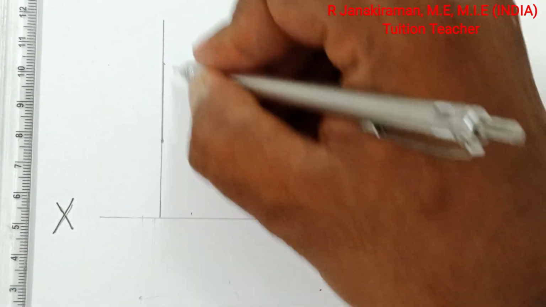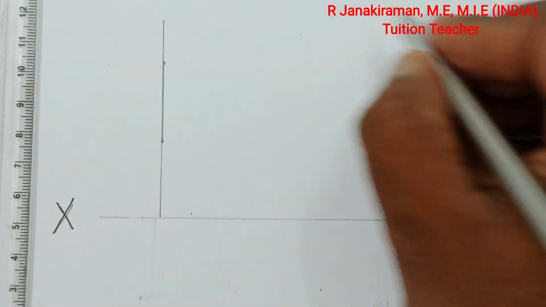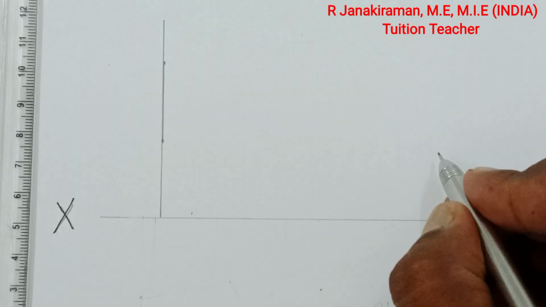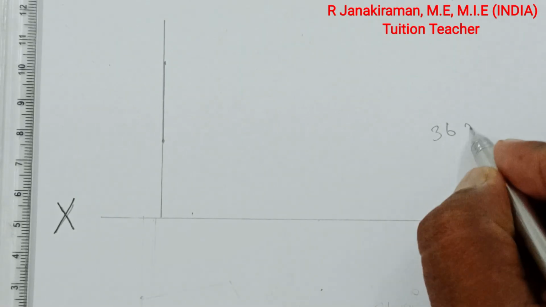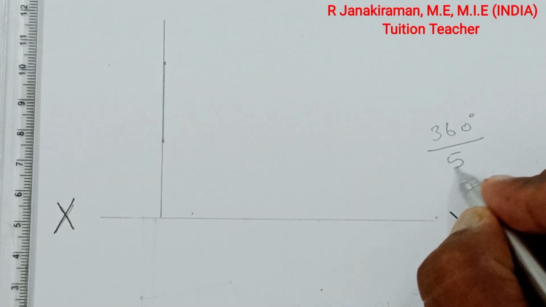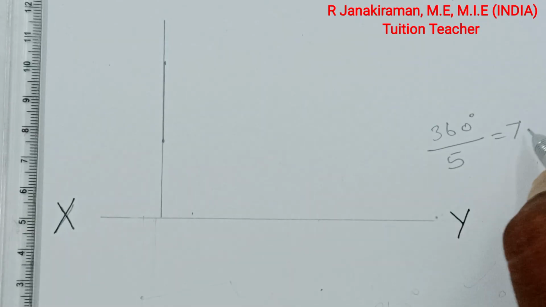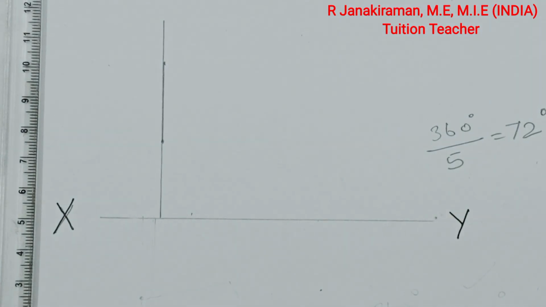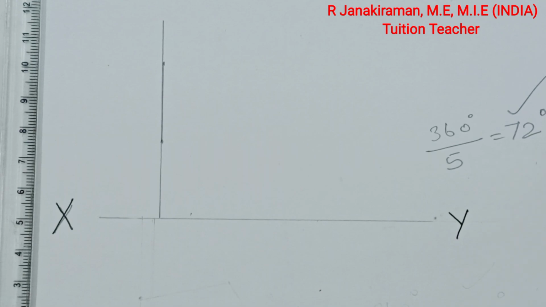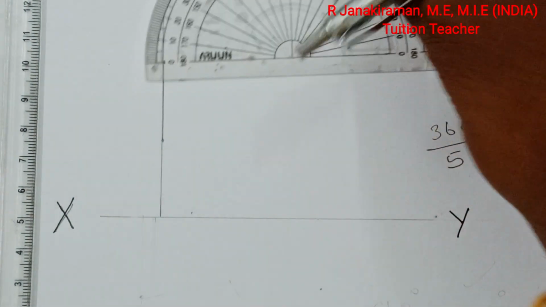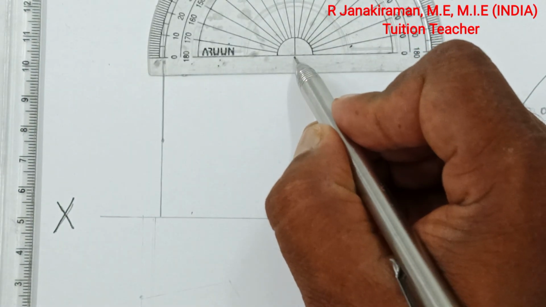Mark the end points. The total angle in a circle is 360 degrees. A pentagon has 5 sides. If you divide using a calculator, you get 72 degrees. Every time you have to take 72 degrees as the measurement on your protractor. This plus mark is the center of your protractor.